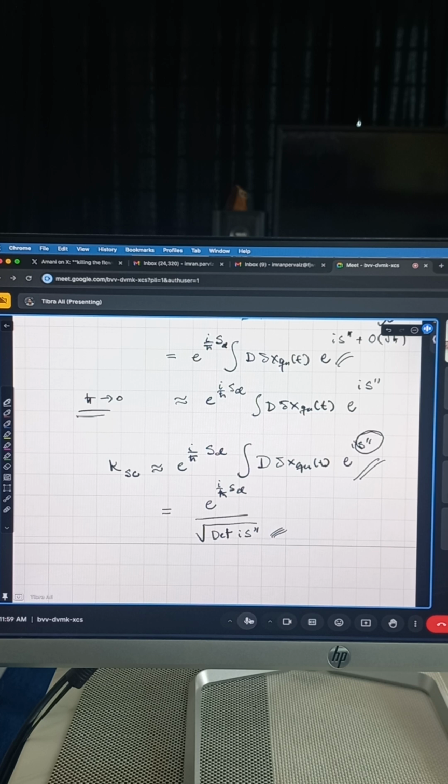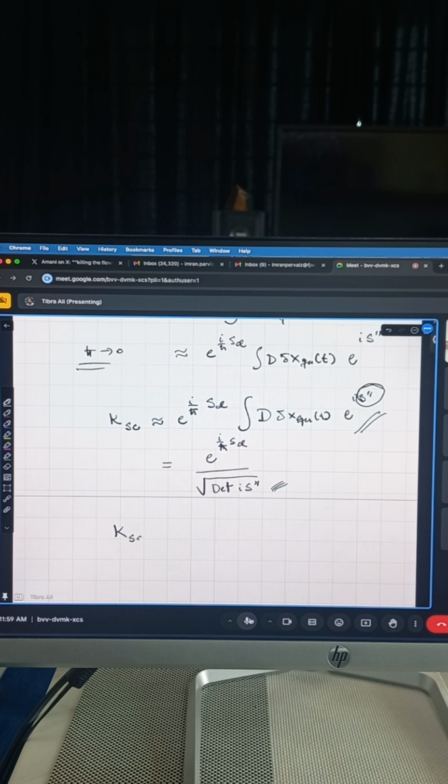using the trace and determinant formula, one can write this in another form. We can exponentiate this thing, and this can be written as e to the power i by h bar S classical times e to the power half log of the determinant of i S double prime.